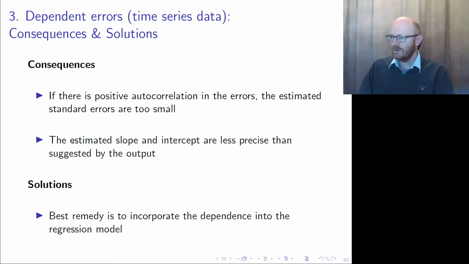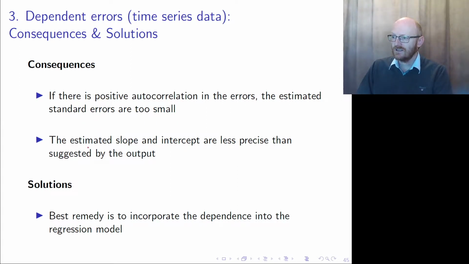And we have the consequences of dependent errors. Why is it so negative to get dependent errors or autocorrelated residuals? Because if there is positive autocorrelation in the errors, the estimated standard errors are too small.